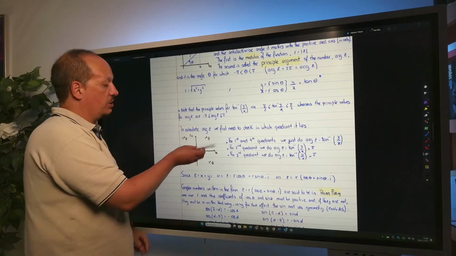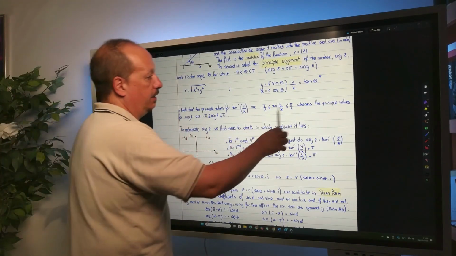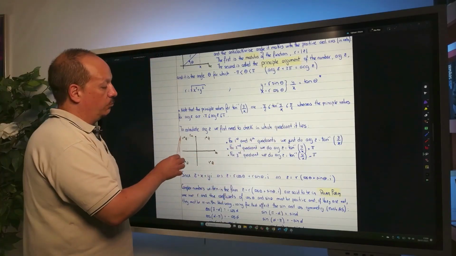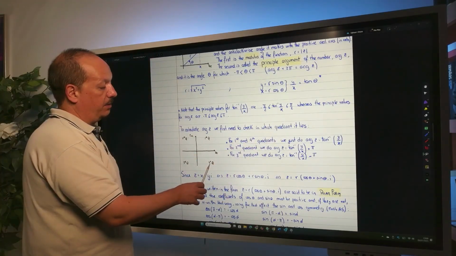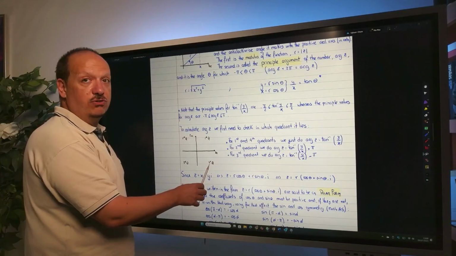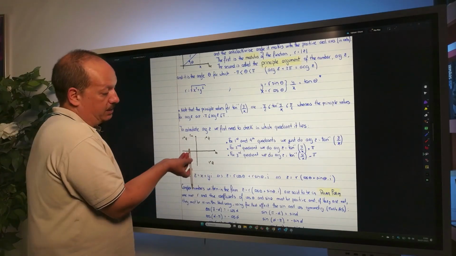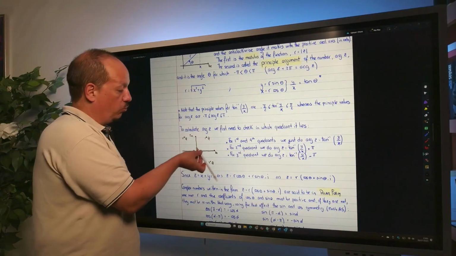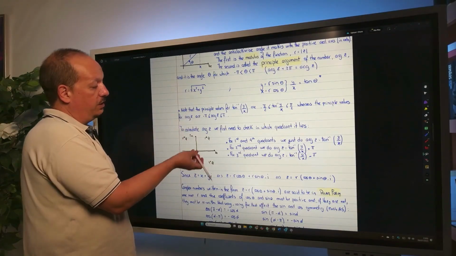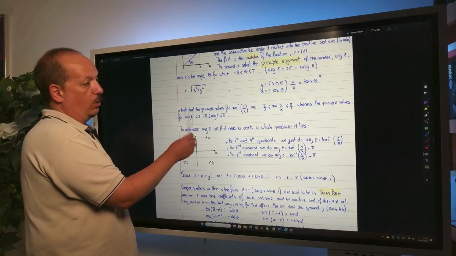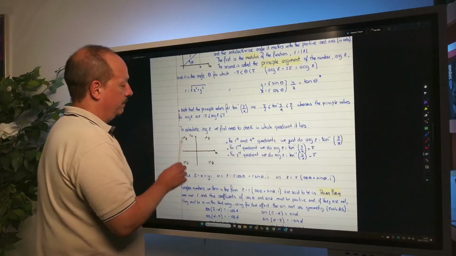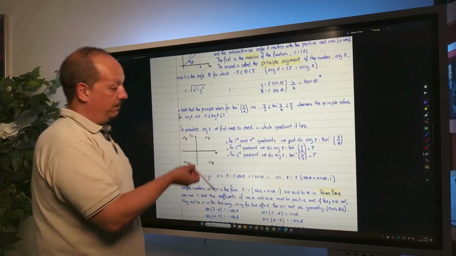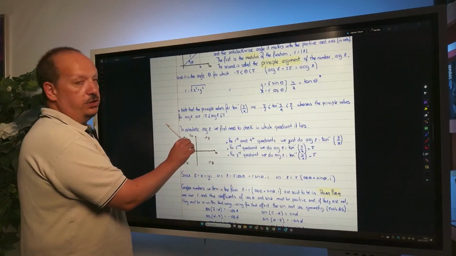So if you would just go ahead and do this in your calculator, the result would be in the fourth quadrant, right? Again, between minus pi over 2 and pi over 2 is all that your calculator gives. But what you want is actually this over here. So what you have to do is add pi. For the second quadrant, add pi. And you are where you need to be.